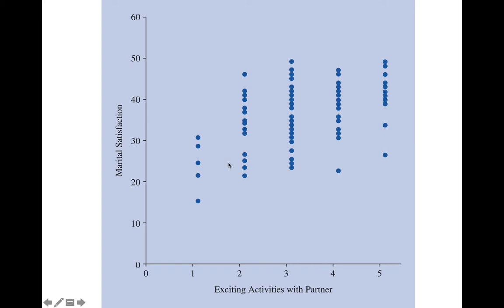Okay, so not perfectly, but there's a general trend that the fewer exciting activities, the less marital satisfaction, and the more exciting activities, the more marital satisfaction. So we can start to get a sense of the direction of the relationship between these two variables. And in this case, we say that there's a positive relationship or a positive association between these two variables.